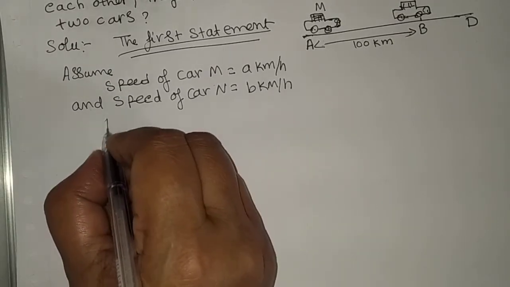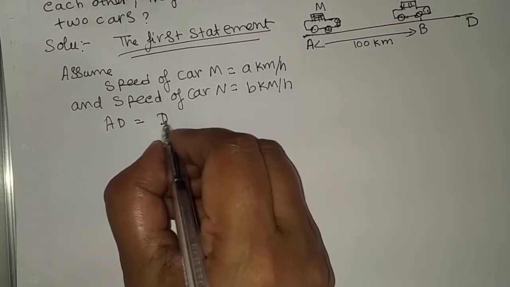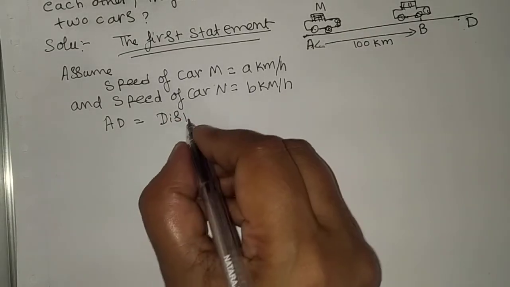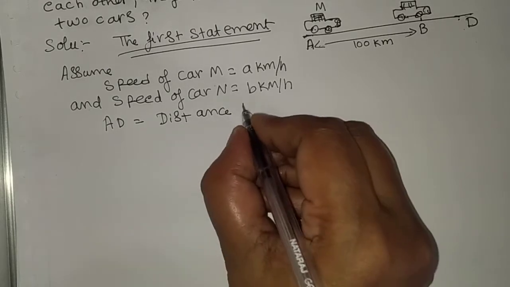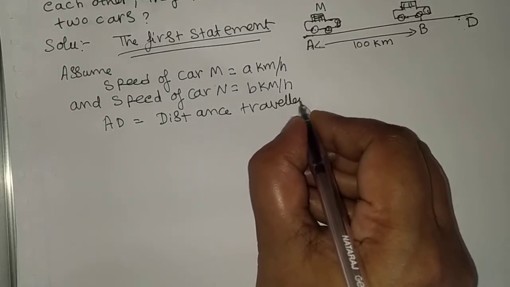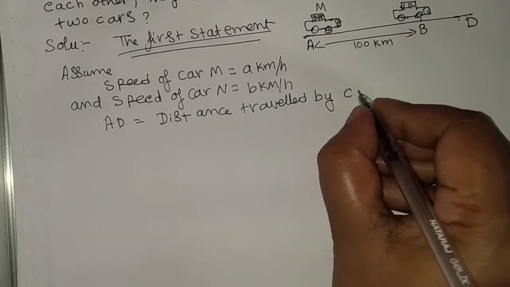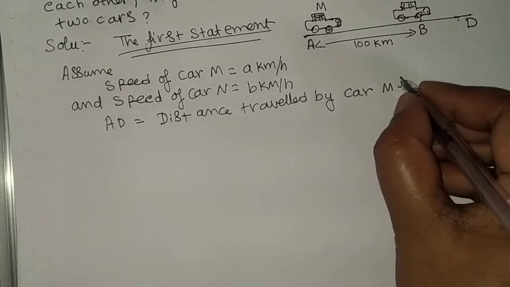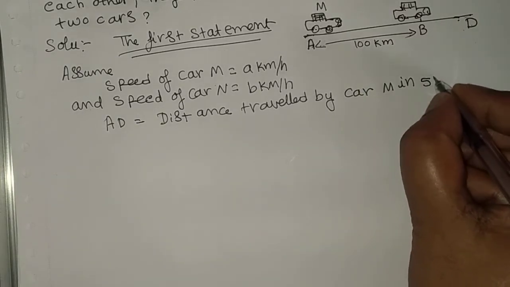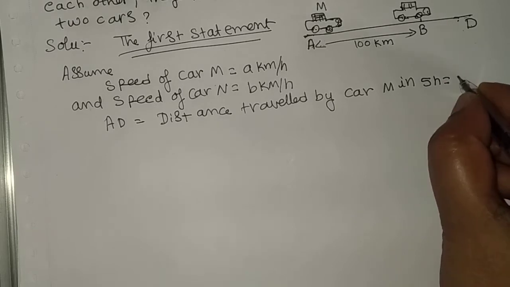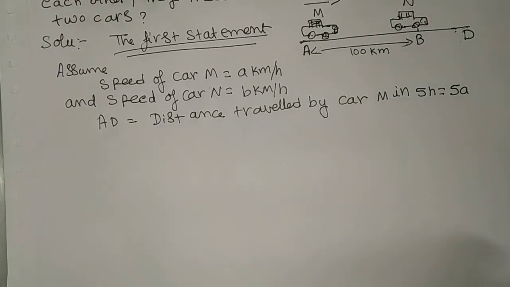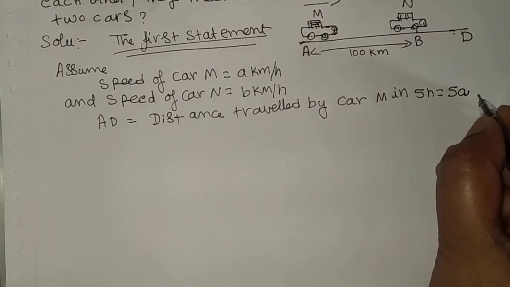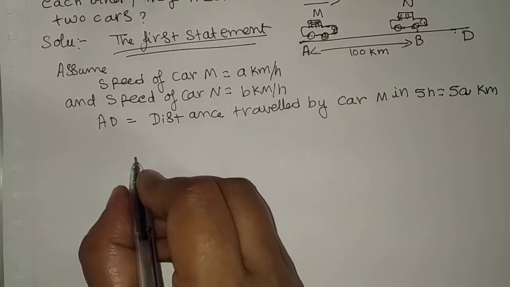Now we have AD, the distance from A to D. This is the distance traveled by car M. In how many hours? They have given 5 hours, so we can write it as 5a kilometers.